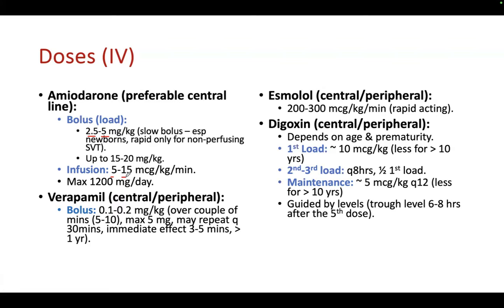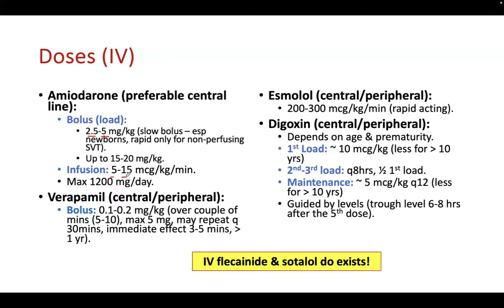And then the repeated doses are half the initial dose, okay? And then you do maintenance around 5 micrograms per kilo every 12 hours, okay? Obviously, you have digoxin levels that can guide you in terms of doses, okay?